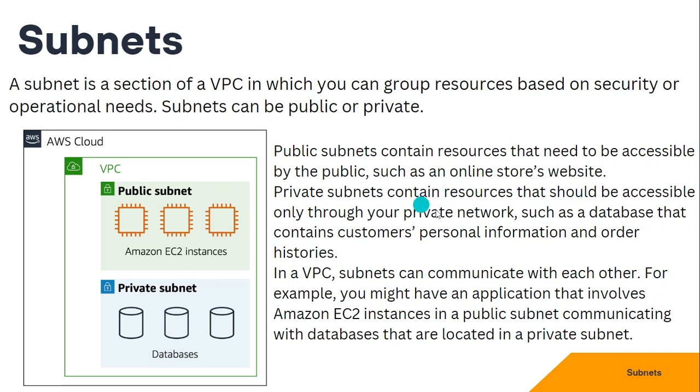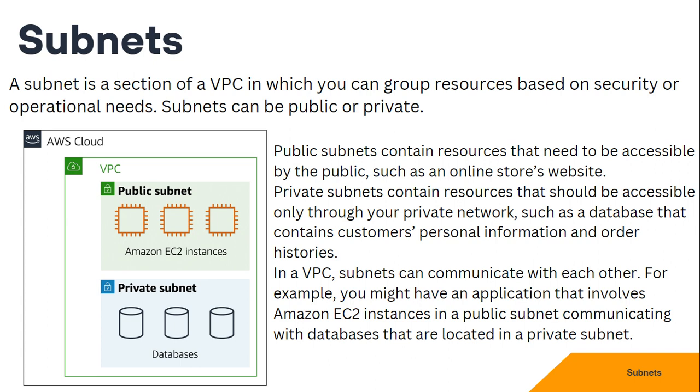Private subnets contain resources that should be accessible only through a private network, such as a database that contains customer personal information and order histories. If I want to access the database, I should be from the approved network. That is what the private network is.